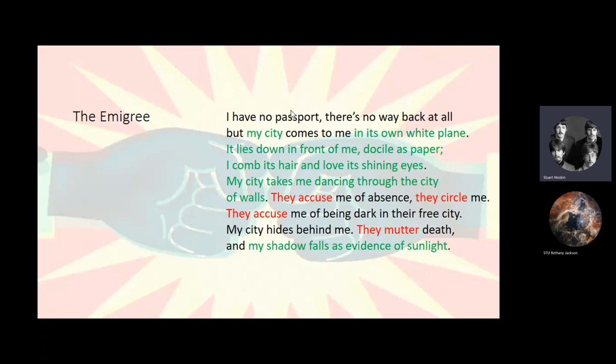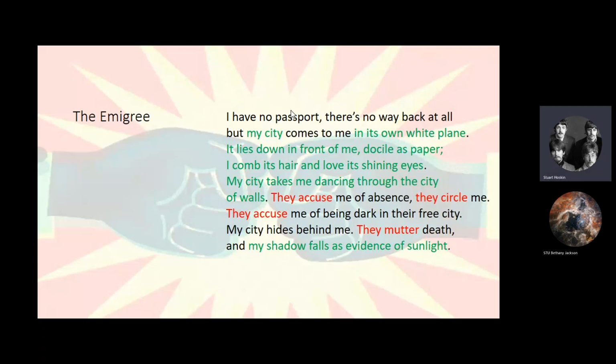We get a bunch of positive things. Her city gets described. It comes in a white plane. Oh. So it flies to her in something beautiful and pure and wonderful. We get this description of it like some kind of pet or child, lying down, being stroked with its shining eyes.